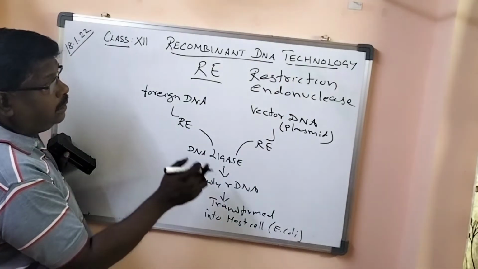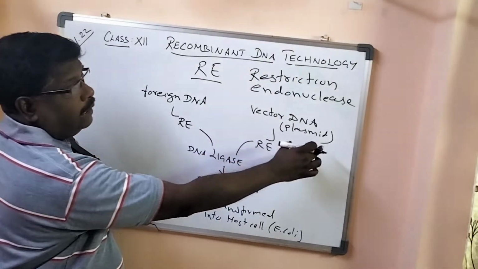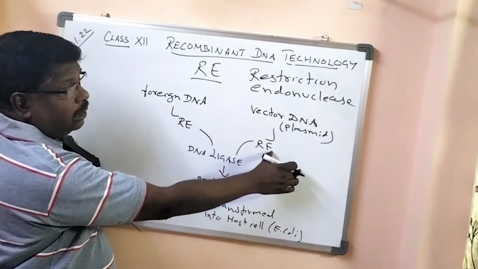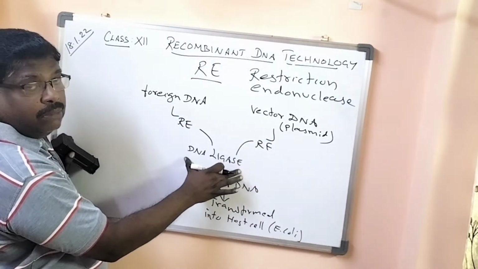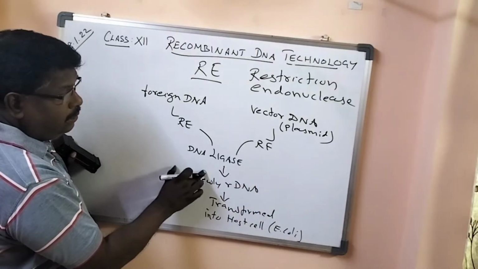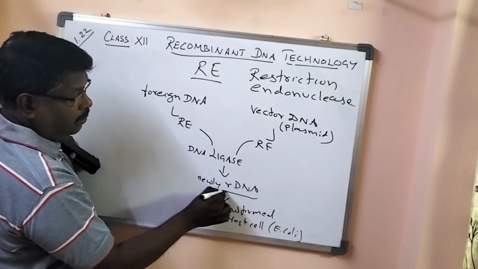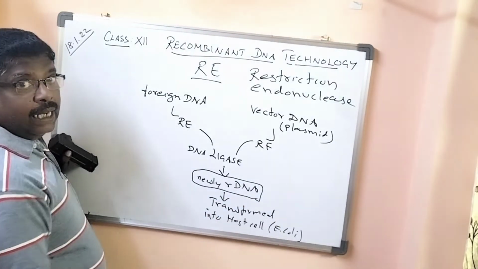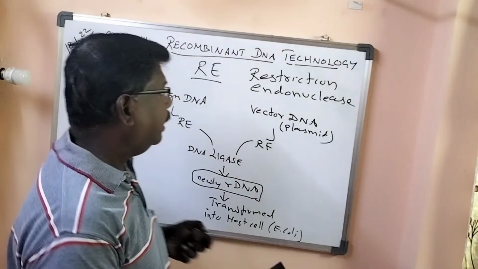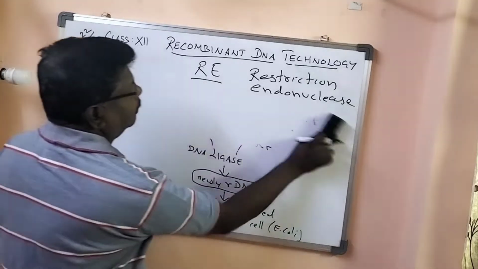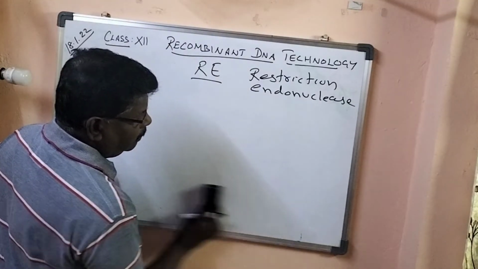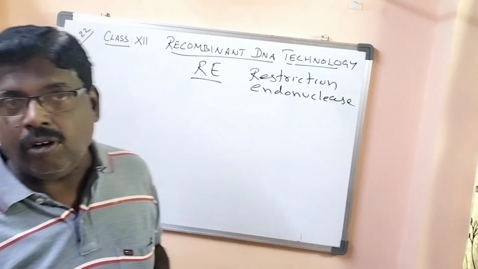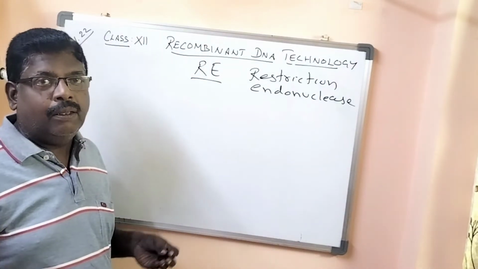Foreign DNA and vector DNA, that is plasmid, are both cut by restriction endonuclease and attached by means of DNA ligase. The newly formed recombinant DNA is then transformed into the host cell. That is a schematic representation of the formation of rDNA.